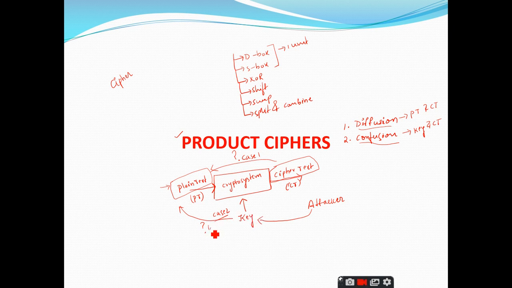There is 100% possibility, right? Why? Because the entire plain text is converted to the ciphertext by making use of a key. So if this key is compromised, then the entire plain text and whatever the text the sender is sending from his side to the receiver side will be exposed to the attacker, right?